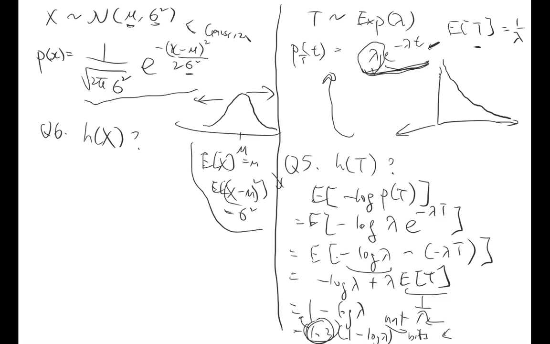Then I have this h(X) there. It's just the expectation of this minus log PDF. So it's equal to the expectation of minus log of this thing, which is just log 2 pi sigma square.